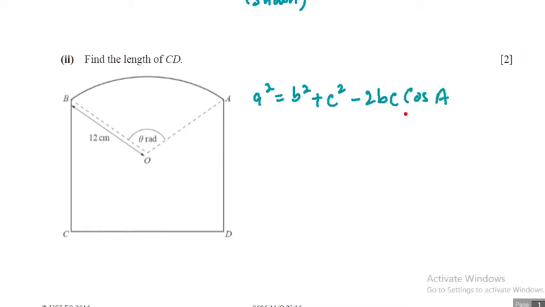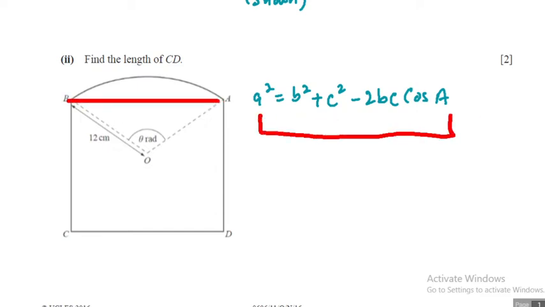So a is your AB here. We have the opposite angle, which is theta, and we also have b squared and c squared, which is 12 squared and 12 squared. We know b squared, c squared, and the angle, so we can find a. A is AB there.